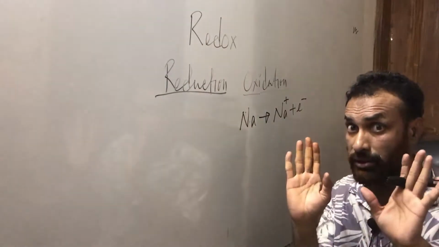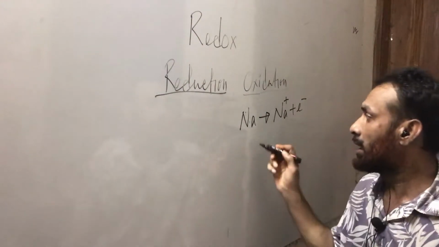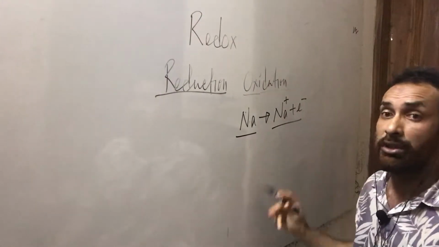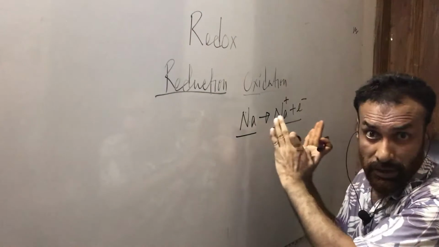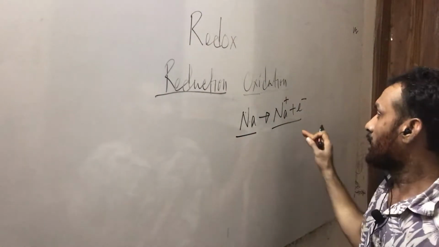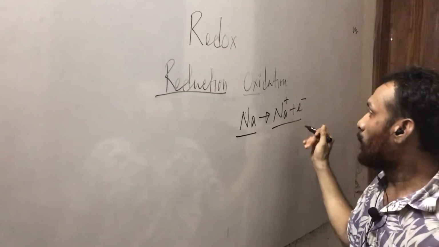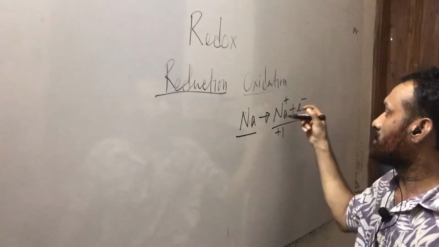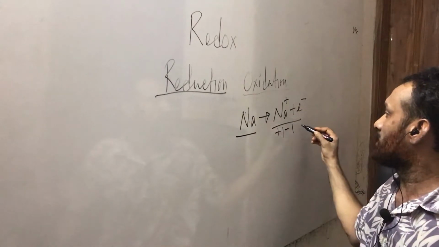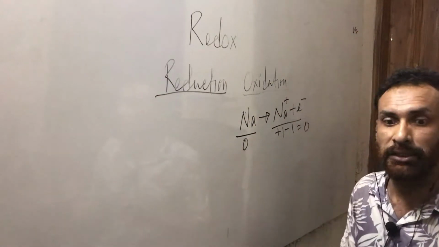But one very important thing when you write an equation: the total charge on both sides will be equal. What is the charge on the left side? No charge. And on the right side? It is also the same: plus 1 for sodium and minus 1 for the electron, together 0, and the left is already 0.